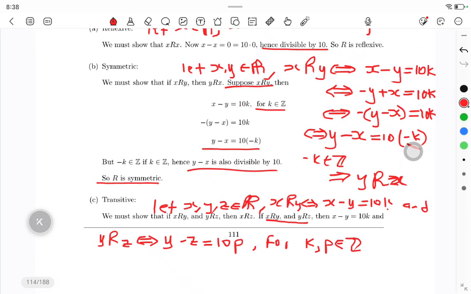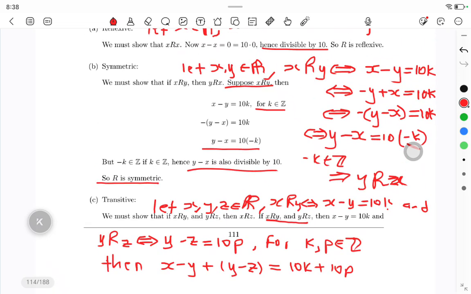Now since I have these two, I can show that x is related to z. Since we always add them, we're just going to add them here. We're going to have x minus y plus y minus z, which is equal to 10k plus 10p. Then y will cancel.